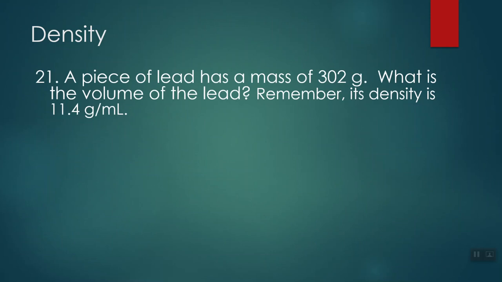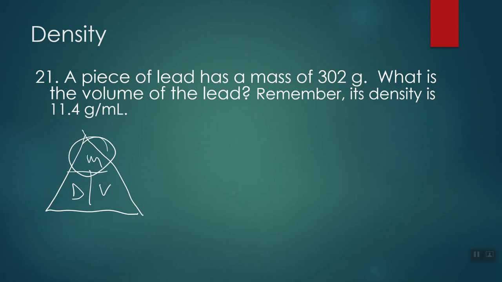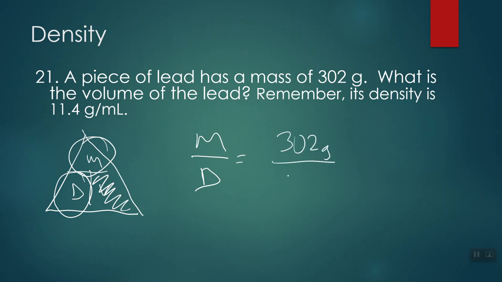A piece of lead has a mass of 302 grams. Mountains over deserts and valleys. So mass. What is the volume? Scratch away volume. Remember, its density is 11.4 grams per milliliter. So what's left? M over D. 302 grams over 11.4 grams per milliliter.